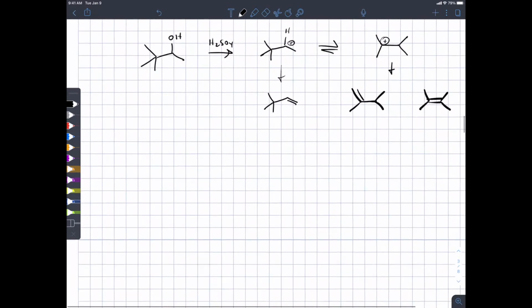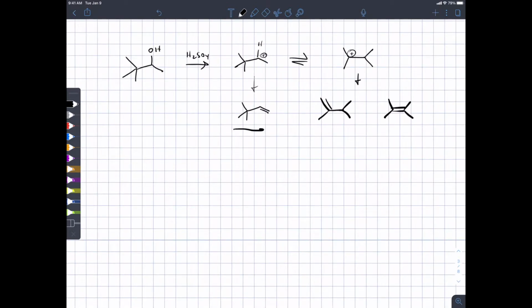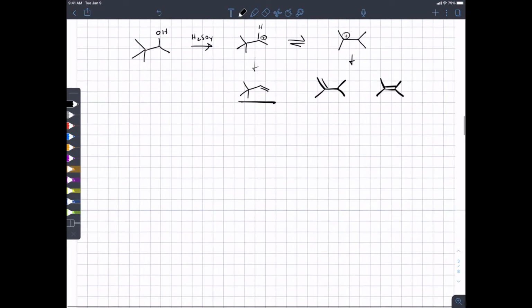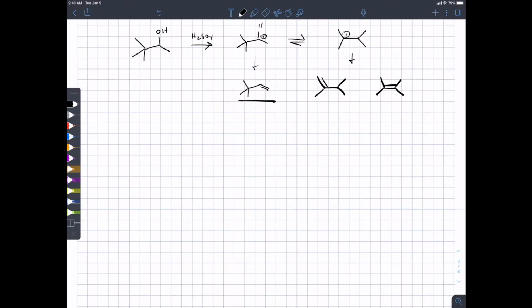All right, but the question is, what if you wanted just the non-rearranged product? And so we have a method for doing eliminations from alcohols, doing what are called dehydration reactions, because you lose water, without going through a carbocationic intermediate. So I'll show you those reagents now.